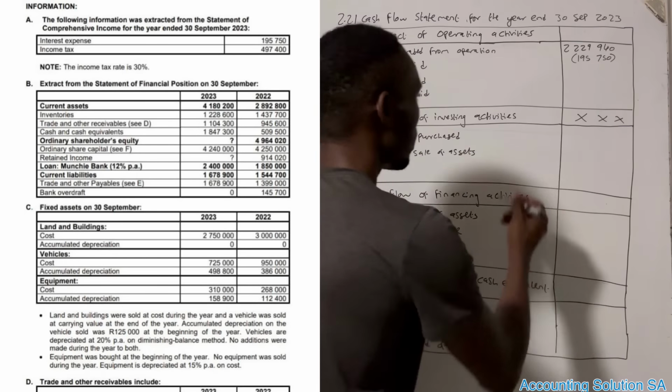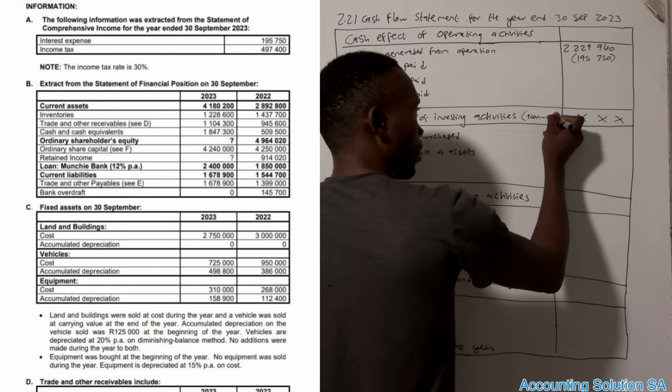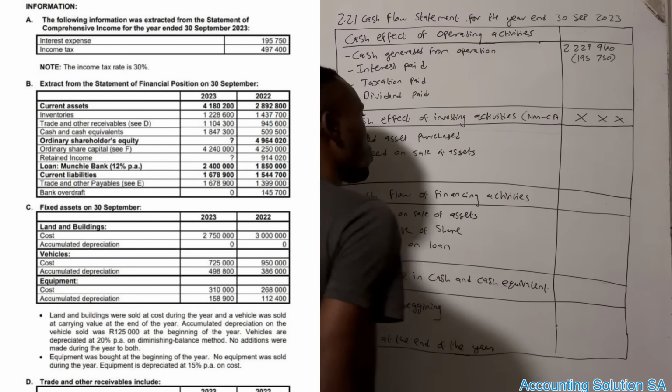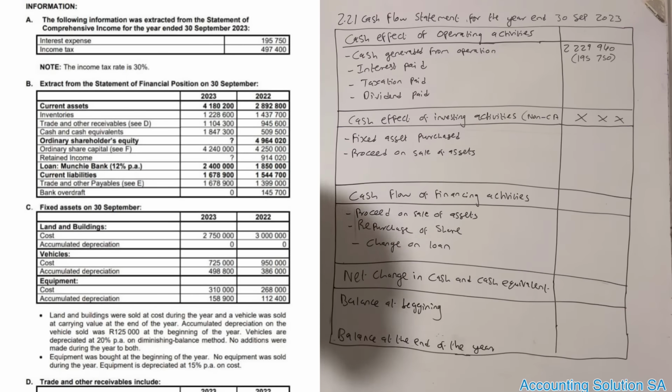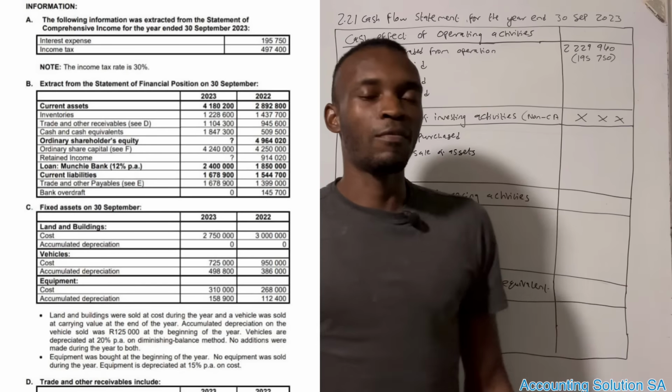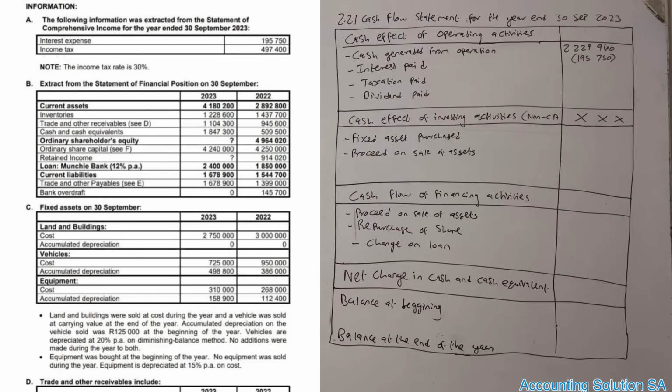Investing, you can say, guys, is from non-current assets, because we are talking about fixed assets and fixed investments, fixed deposits. So it's from non-current assets.